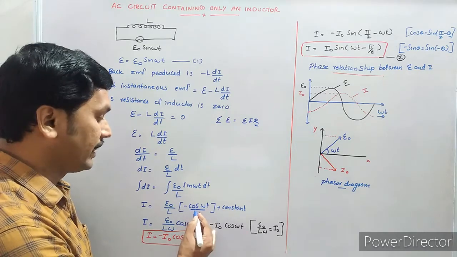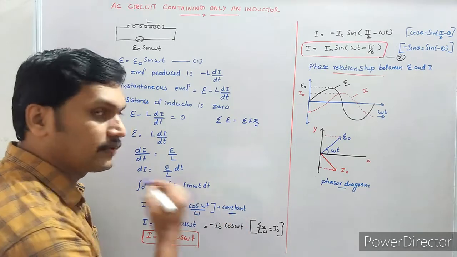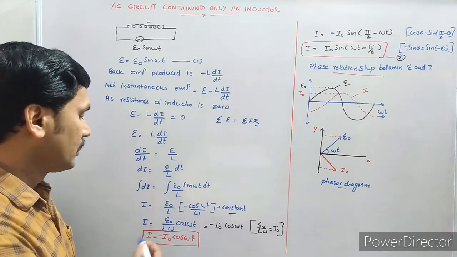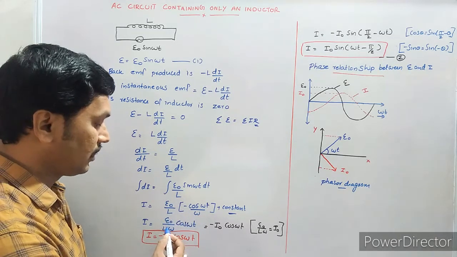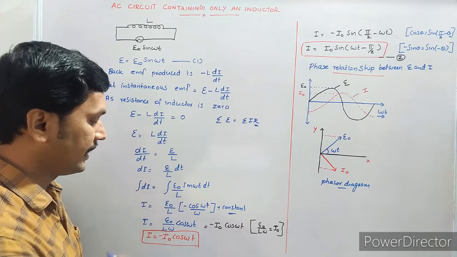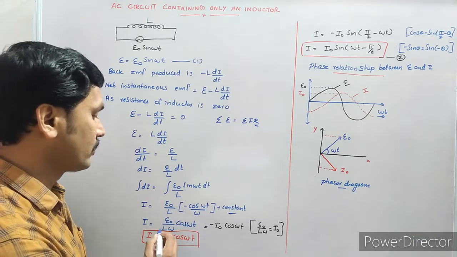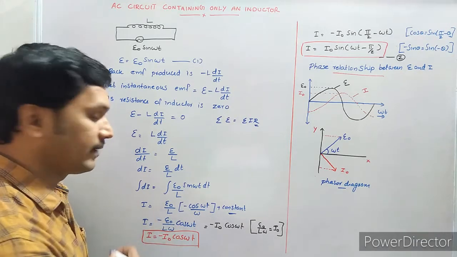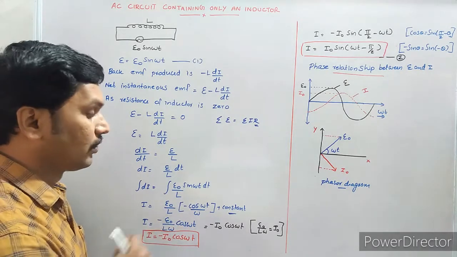We know that the integral of sine omega t dt is minus cos omega t by omega, plus a constant of integration. Now we write I is equal to minus E0 by L omega into cos omega t.